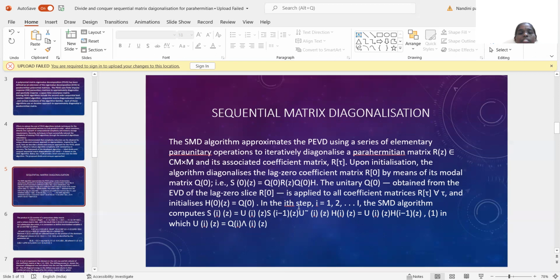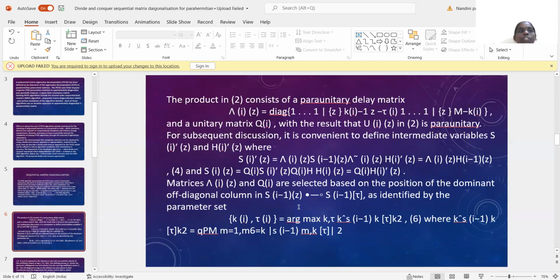The algorithm computes the product. The product consists of a para-unitary delay matrix and a unitary matrix, with the result that it is para-unitary.